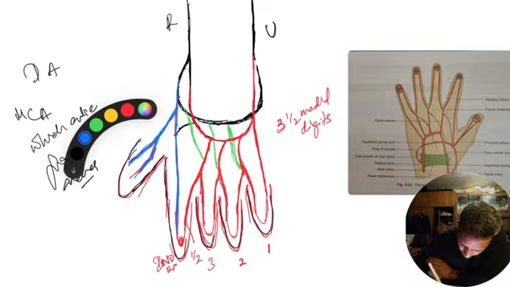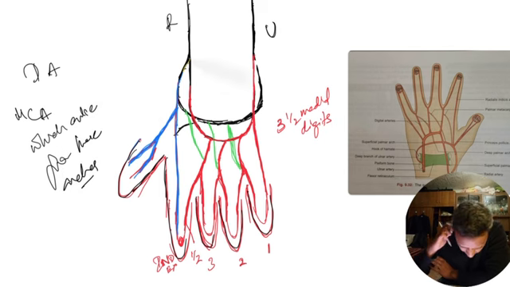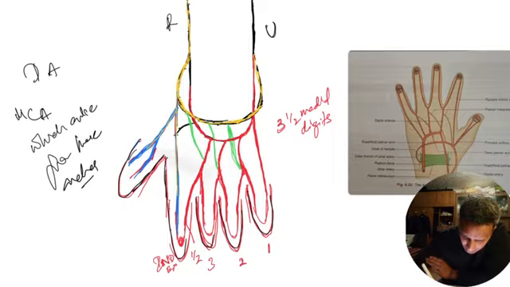I'm going to mark it with yellow, right? So now this is your radial side. So your radial artery predominantly forms the deep palmar arch, right? You can see this. And it gives off branches to your index finger and your pollicis, your thumb, right?